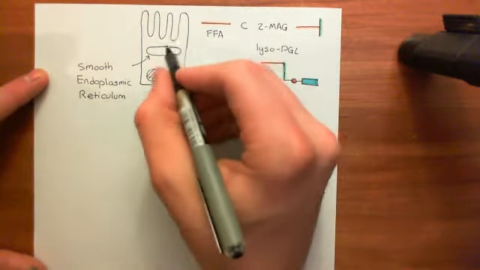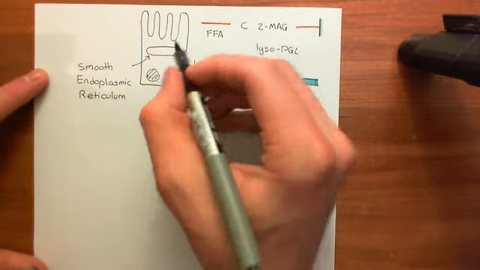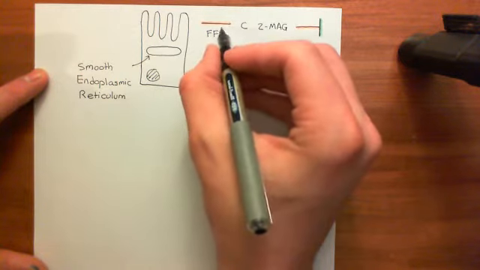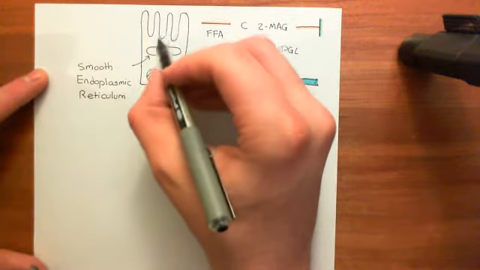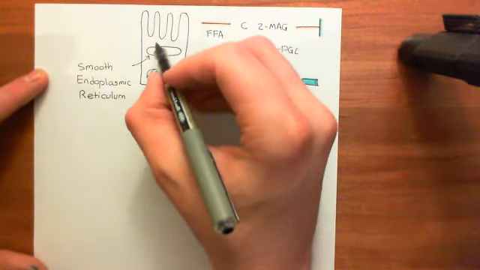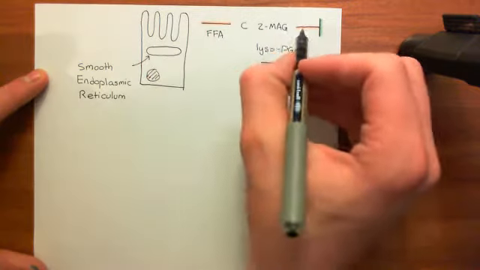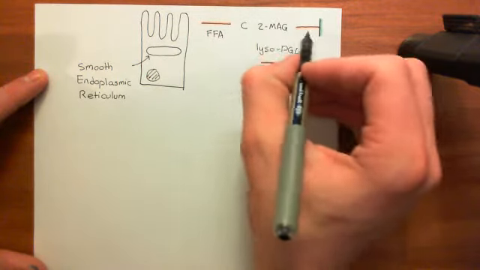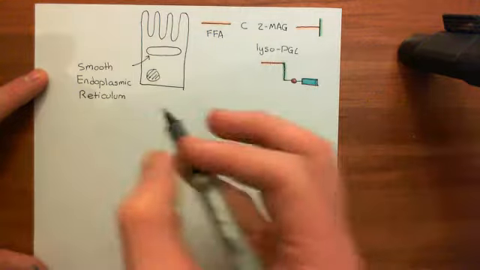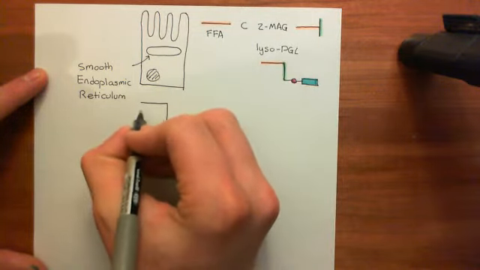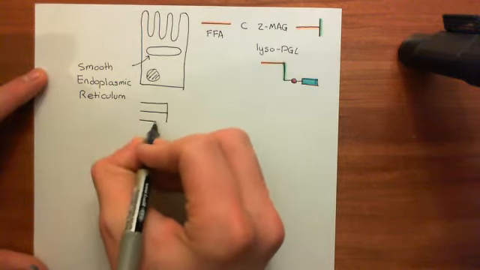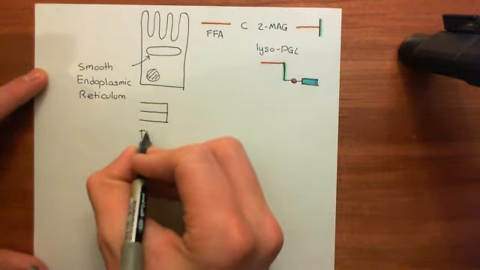Okay, so what's going to happen is in the smooth endoplasmic reticulum, you are going to get these free fatty acid molecules arriving from the mixed micelles that are delivering them to the enterocyte, and you're also going to get these 2-monoacylglycerol molecules arriving, and basically what will happen in the smooth endoplasmic reticulum is you will resynthesize those to triacylglycerols.